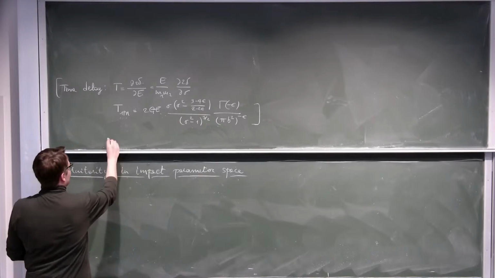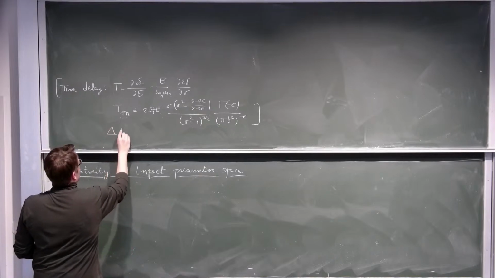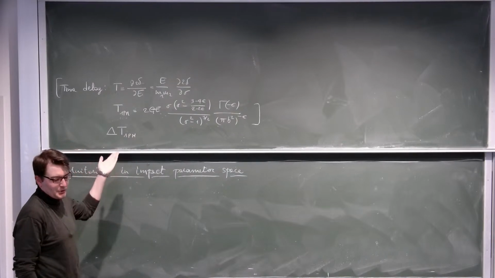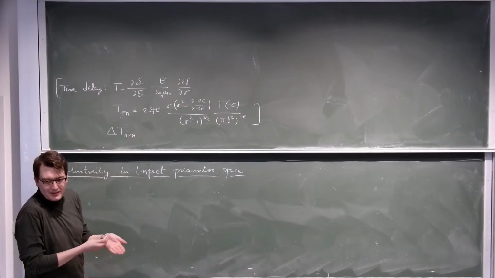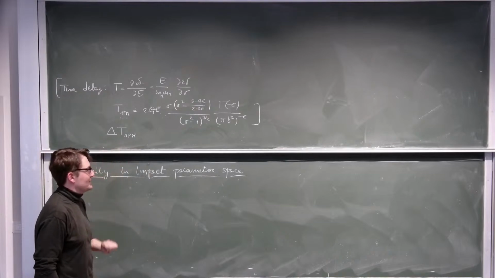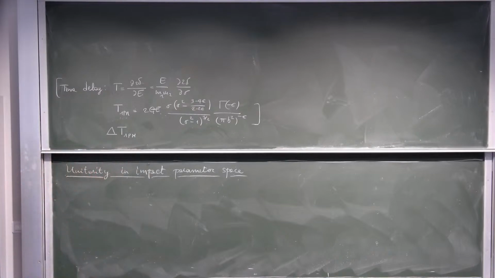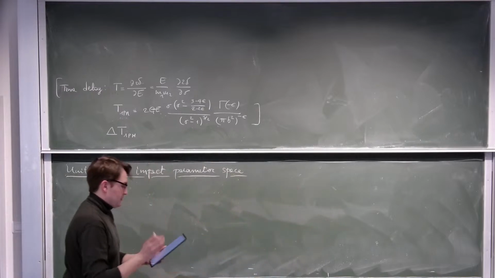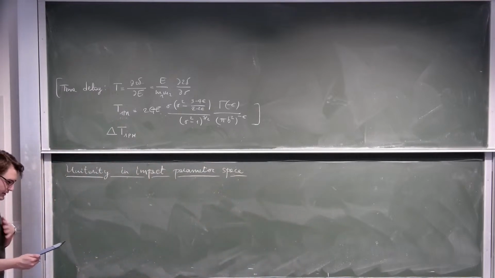So if you want delta t, in a sense this is more or less the same as the derivative with respect to the impact parameter, right? It's an infinitesimal difference. So it contains more or less the same information as the angle. Anyway, I wanted to write it down because it will be relevant later on.